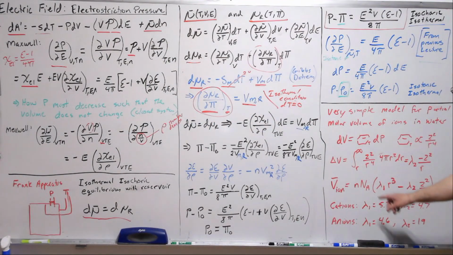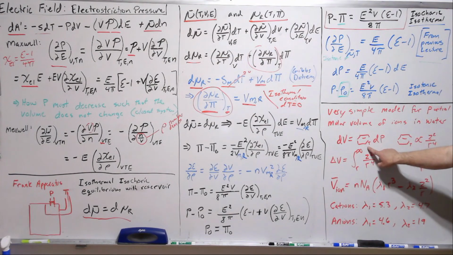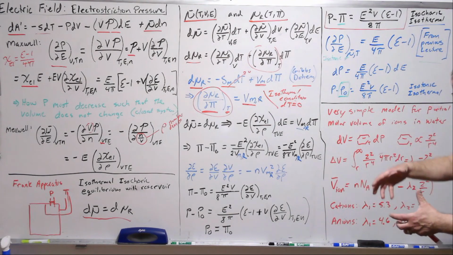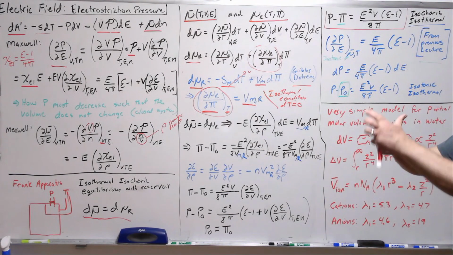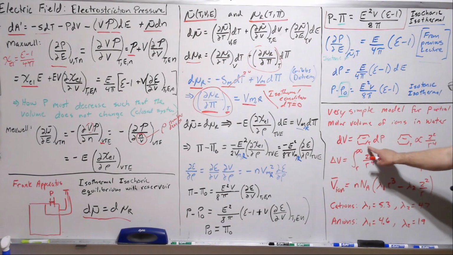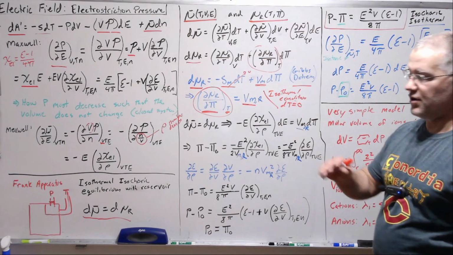So there's going to be an electrostrictive term that is going to cause an internal pressure to change when an ion is introduced into the water, so the local environment around the ion. And that is related to this electrostrictive term that we've been calculating. Now, I'm using the same symbol that we've used in this sequence, but this is not for the Frank apparatus.